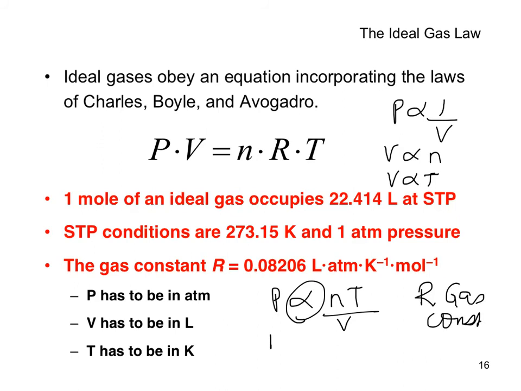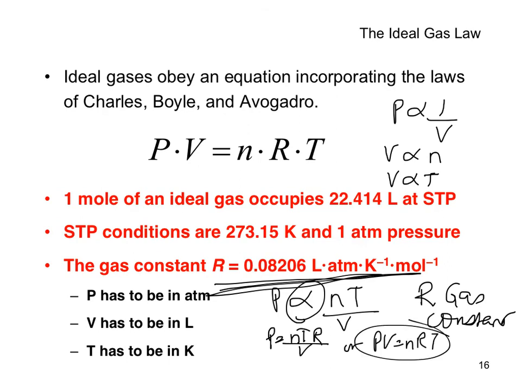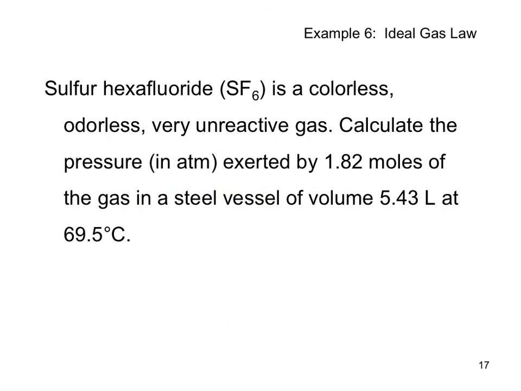This gas constant can have many different values, but for our purposes we are going to use mainly 3 values, and the most common one for gases is 0.08206 liter atmosphere per Kelvin per mole. So one can say P is equal to nRT by V, or that PV equals nRT. This is also called the ideal gas equation, and let's see if we can solve a problem based off of that.